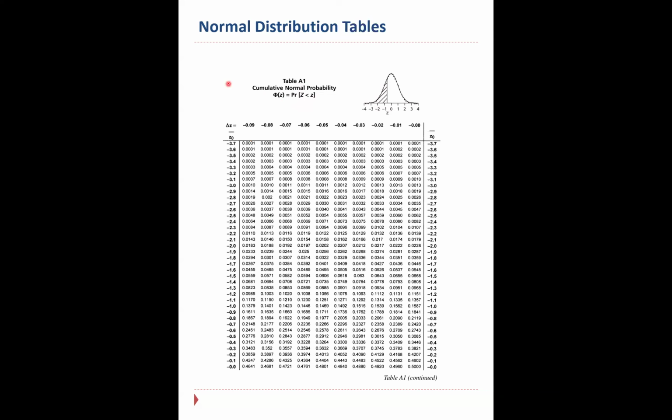Each value in this table, for example, this value, is actually a cumulative probability. It is for phi of z value, and it suggests the area under the curve from minus infinity to a particular z value.